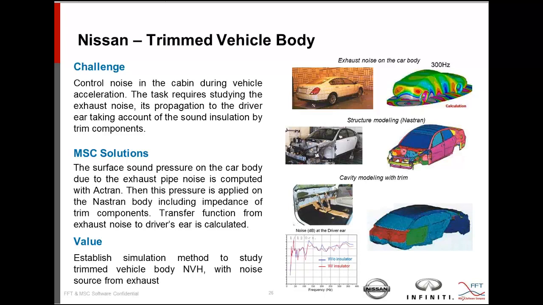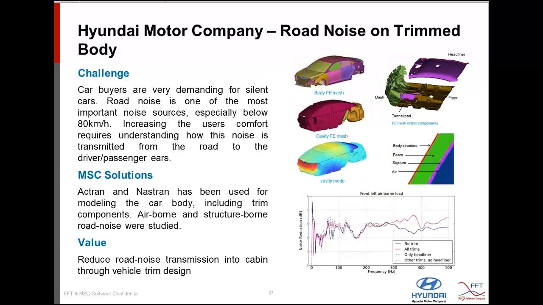So let's see another example from Hyundai Motor Company. It's about road noise on a trim body. So all of these noises, of which I have just talked about, are measured in several conditions. These measurements are covered by international ISO standards, and it can be noticed that tests are not only performed on stationary vehicles or construction machineries, they are also realized in movement.